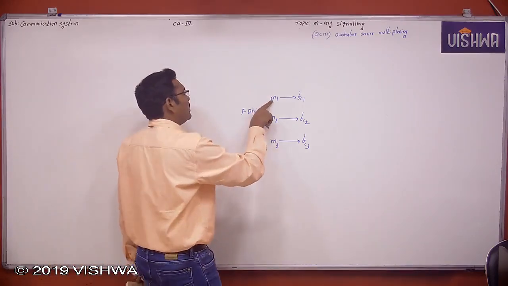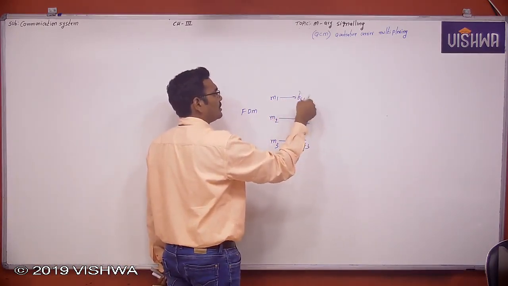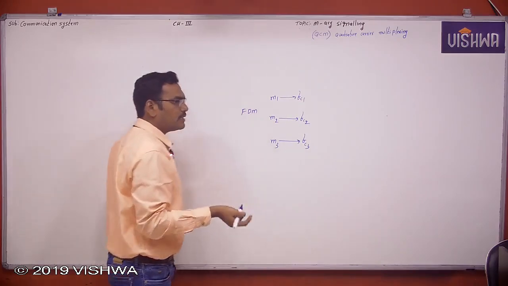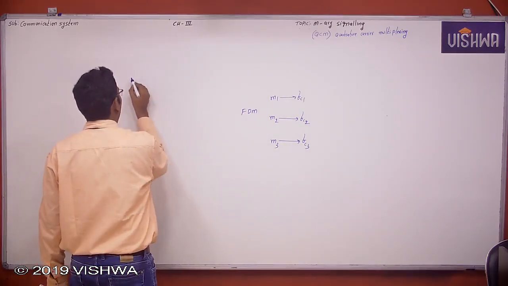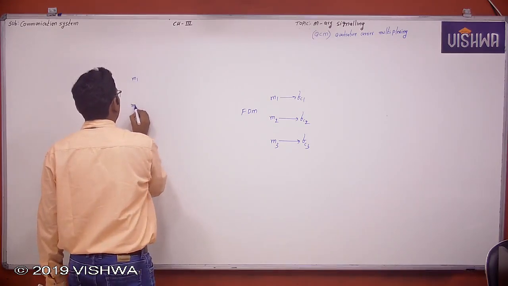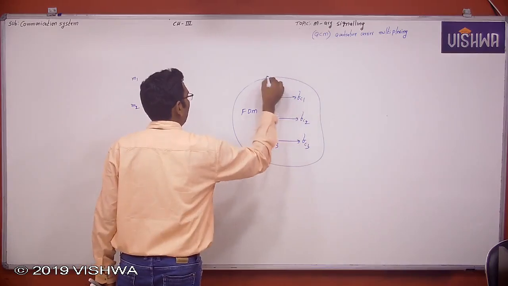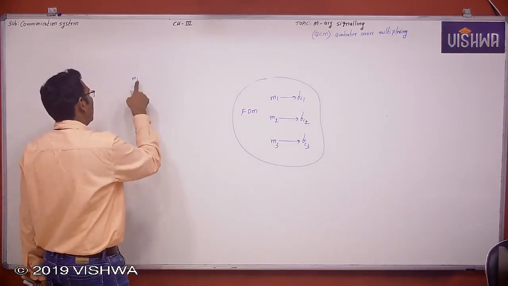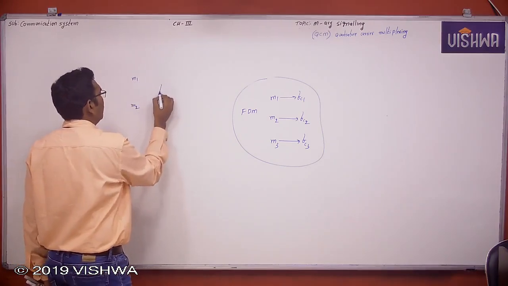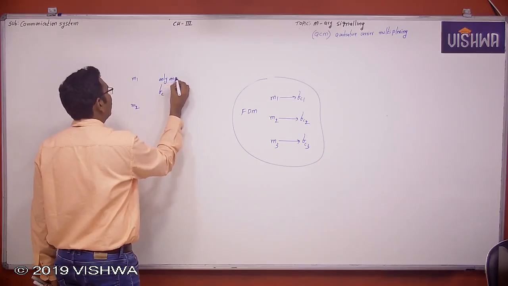For one message signal, I want to generate one carrier at the transmitter side, a local oscillator at the receiver side, all these things. Instead of this, I can have another idea. In the old fashion, n number of signals needs n number of carrier frequencies. But here, two message signals, and I am using only one carrier frequency.